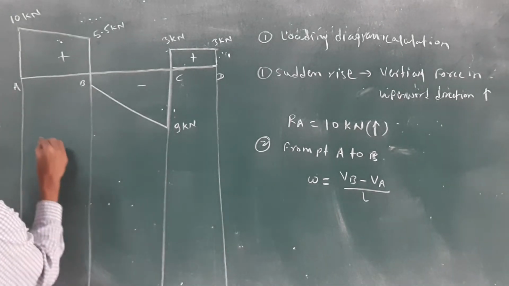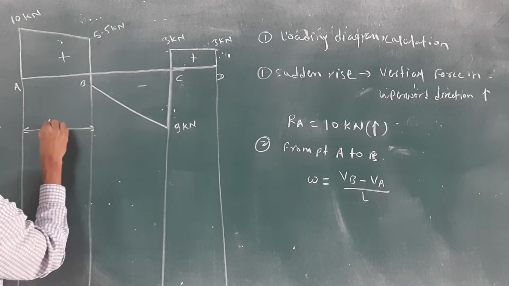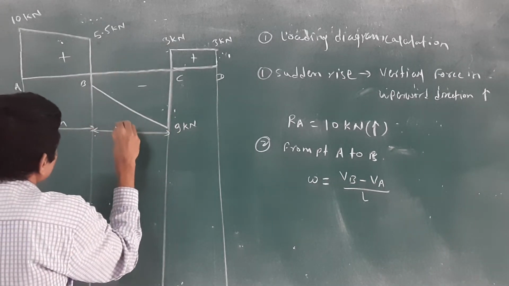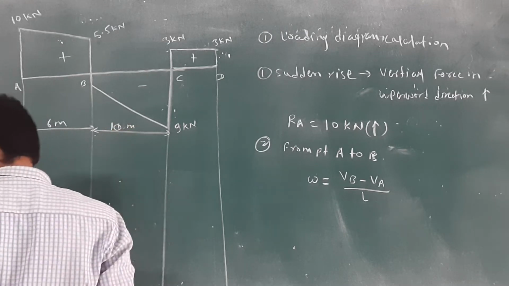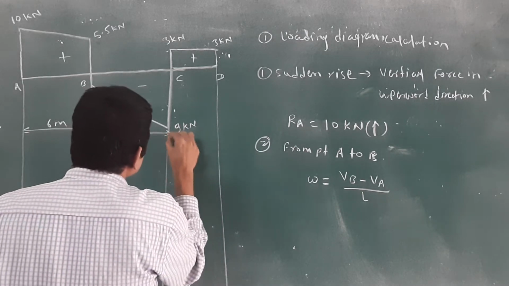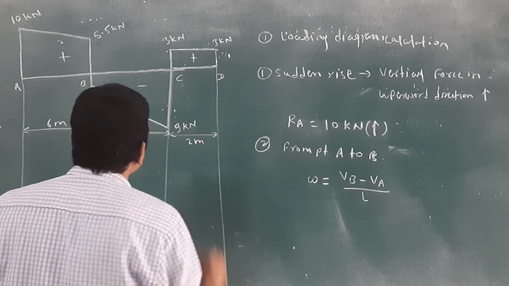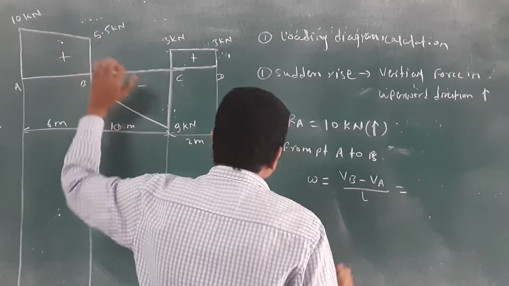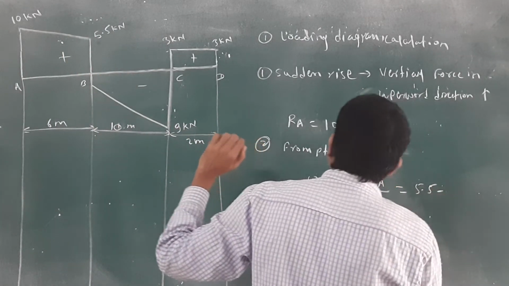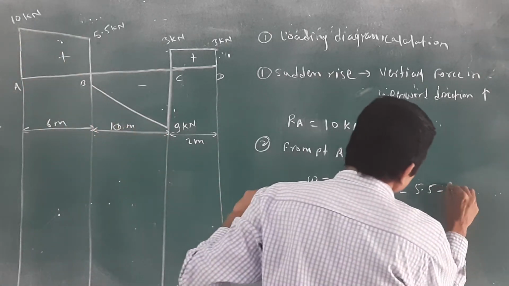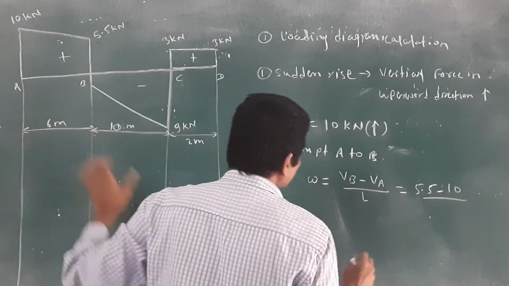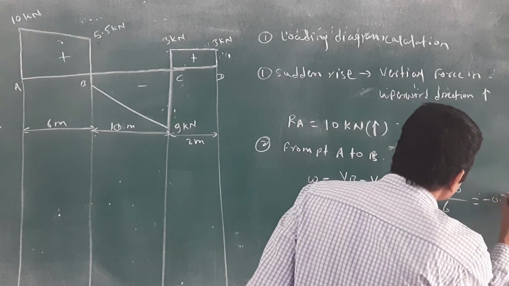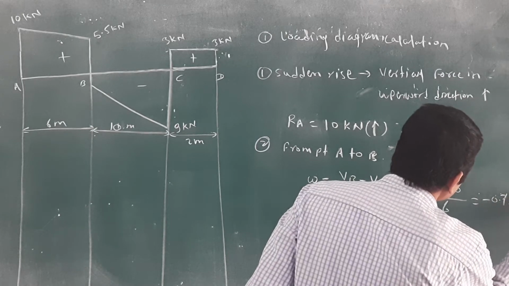This length is given as 6 meter from A to B. Then B to C is 10 meter, and this one is 2 meter, C to D. Then check the value of PB: 5.5 positive, minus the value of VA, which is 10, divided by the length, 6 meter. Then you will get minus 0.75 kilonewton per meter.